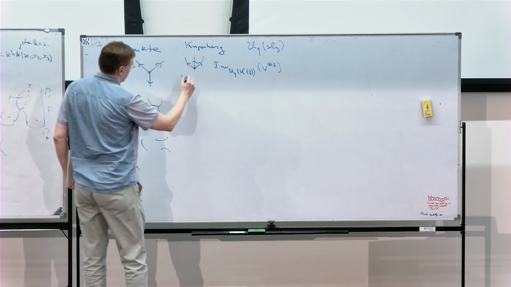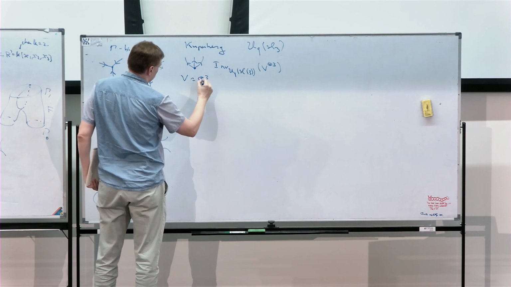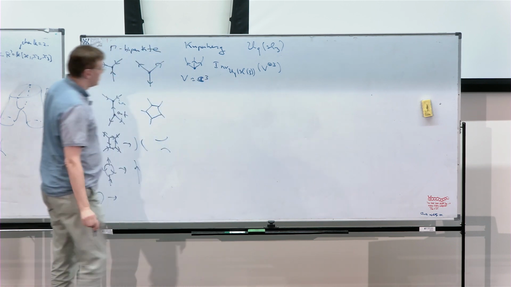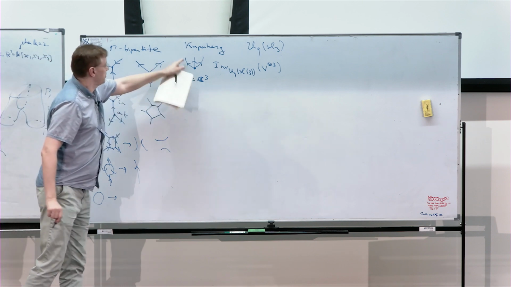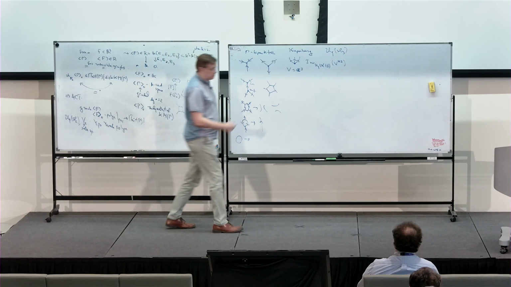So V is C3, where I think of q as a generic complex number. And this picture corresponds to the invariant vector in the third power of V.